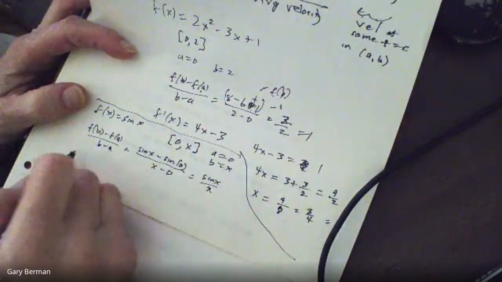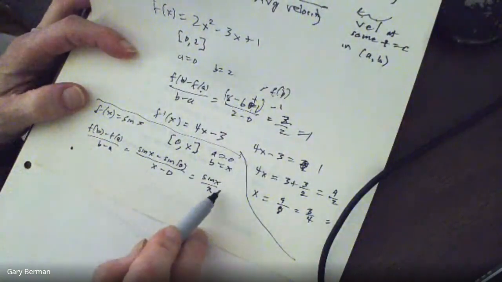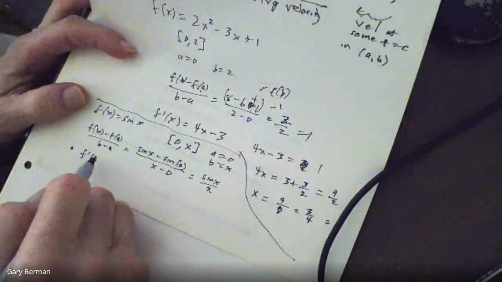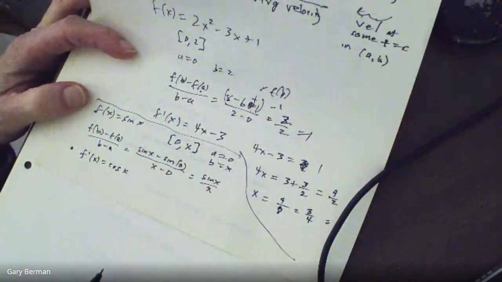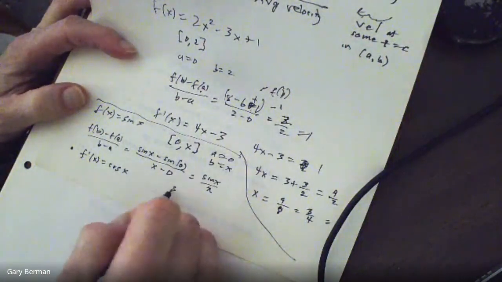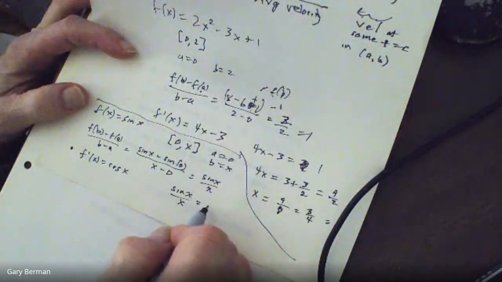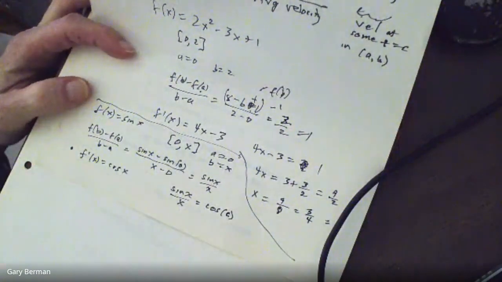And we're told there must be some point c where the derivative at point c is equal to that. So the derivative of sine x is cosine x, right? So it tells us that sine x over x must equal the cosine at some x equals c, right?